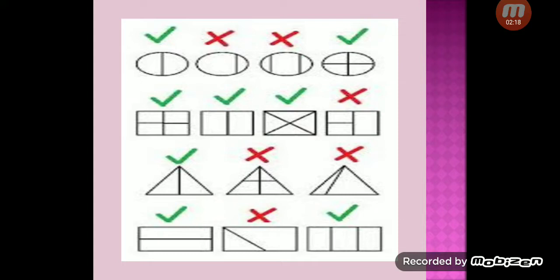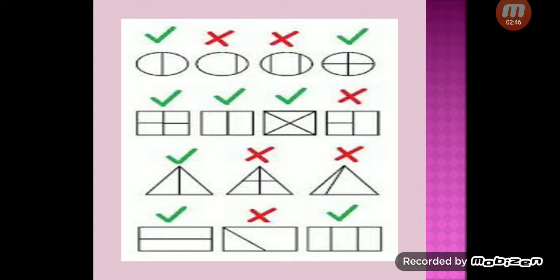In the third picture, the rectangle is divided into four equal parts, but in the fourth picture, the rectangle is divided into three unequal parts. Here, the first triangle is divided into two equal parts, whereas the second and third triangles are divided into unequal parts.